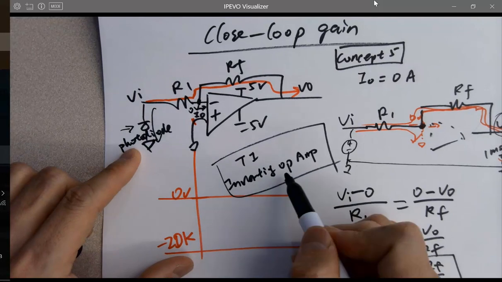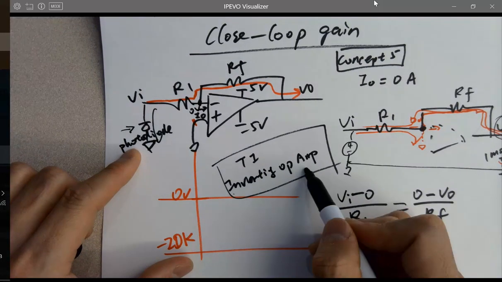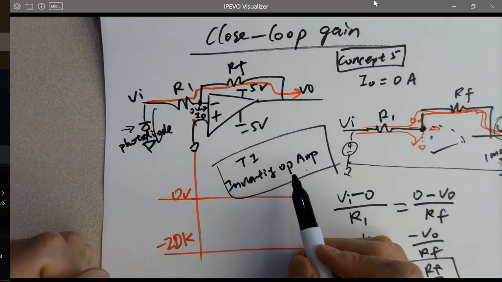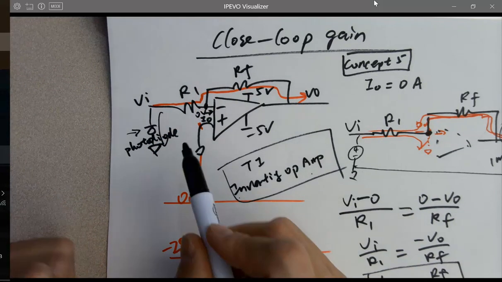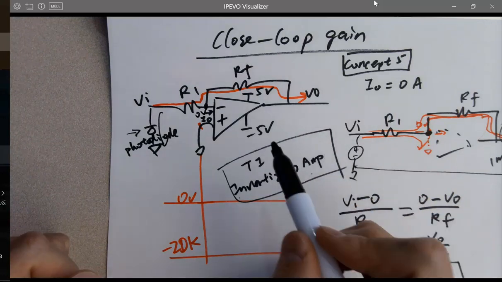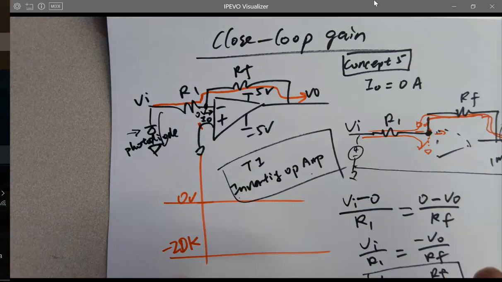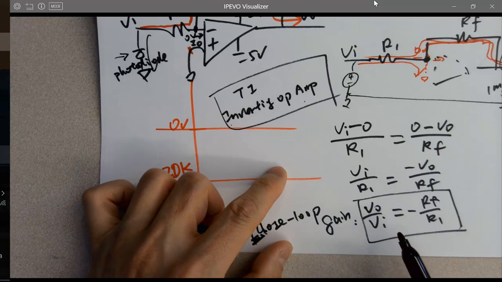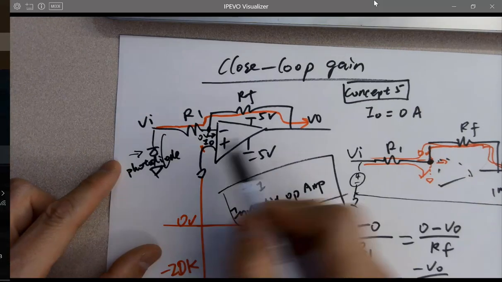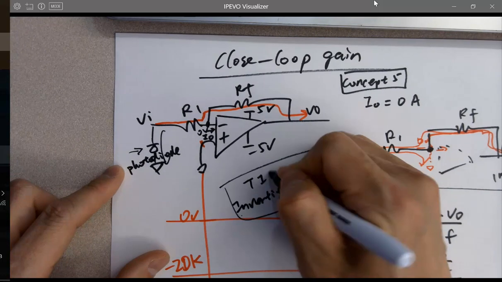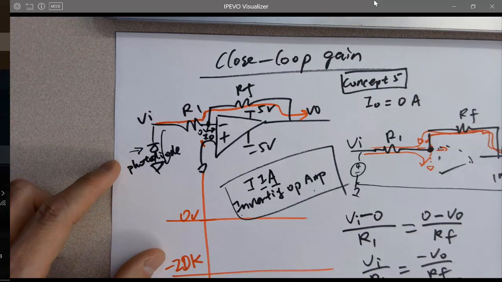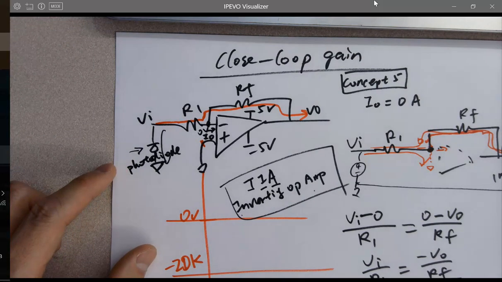However, this is a current to voltage converter. It doesn't amplify voltage. Like you have a gain, it seems like it's amplifying the voltage, but physically it's not. It's amplifying the current into voltage. That's why it's called a TIA, transimpedance amplifier. It converts current into voltage. That's why we use it for every single pixel in the camera.